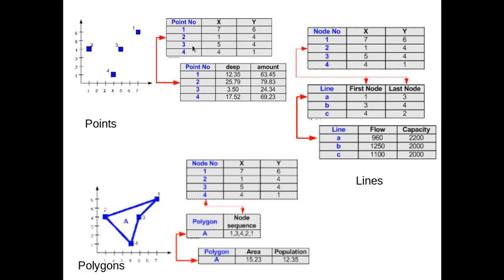In this case, this is a two-dimensional representation of an object in the world, and those objects can have attributes such as the depth or the amount. This is using the example of a piping system where the point or the node could be any specific spot in a pipe, and two attributes that that spot can have are the depth and the amount of water that that pipe can handle.